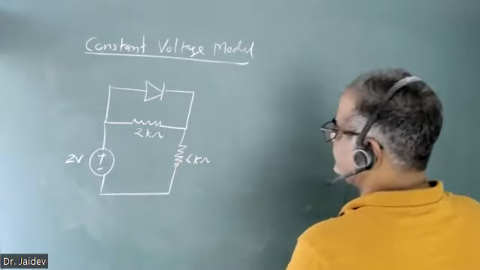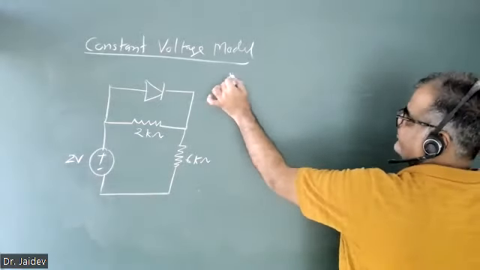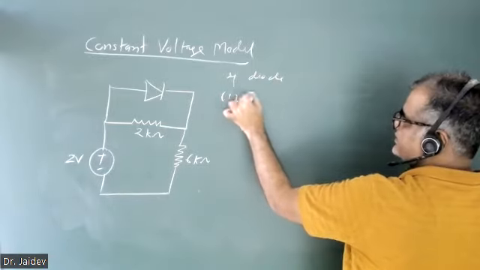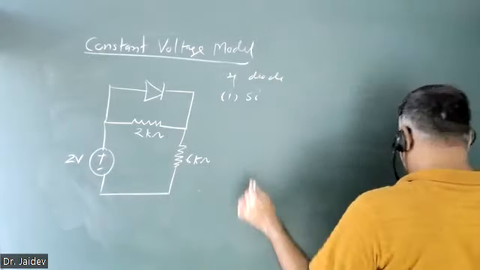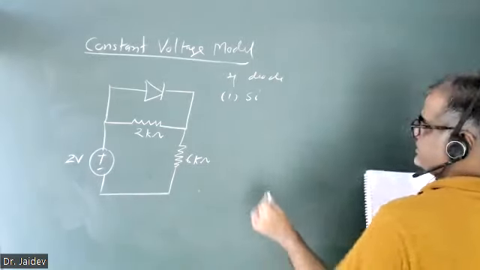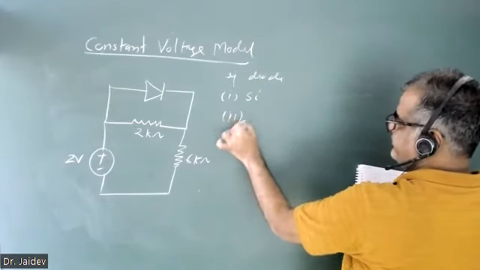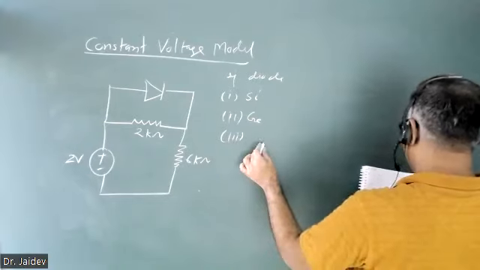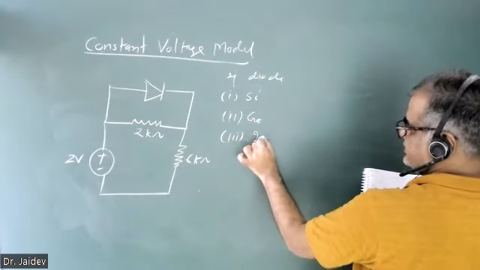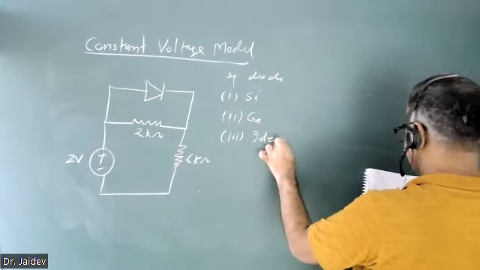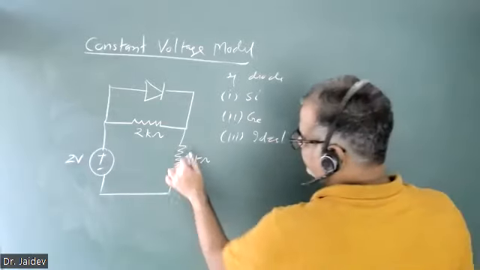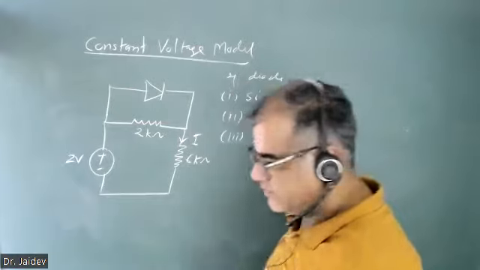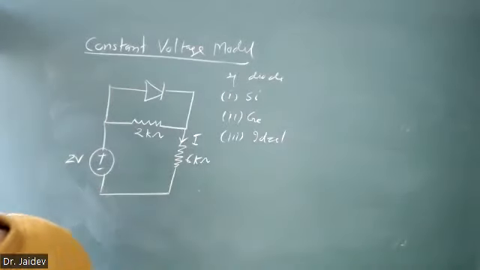For the first case, the diode is silicon. Second case, the diode is germanium. Third case, the diode is ideal. You need to calculate current I. Find the current I for all three cases.